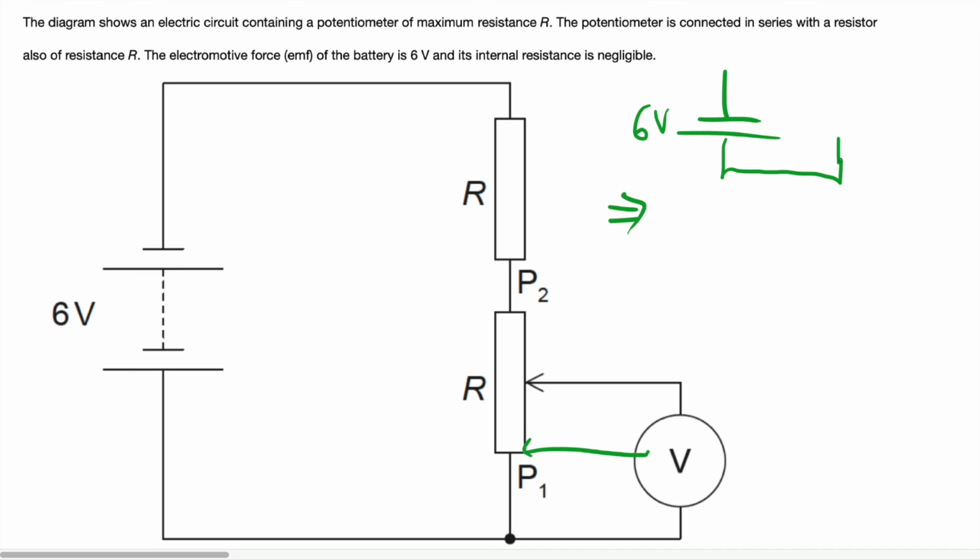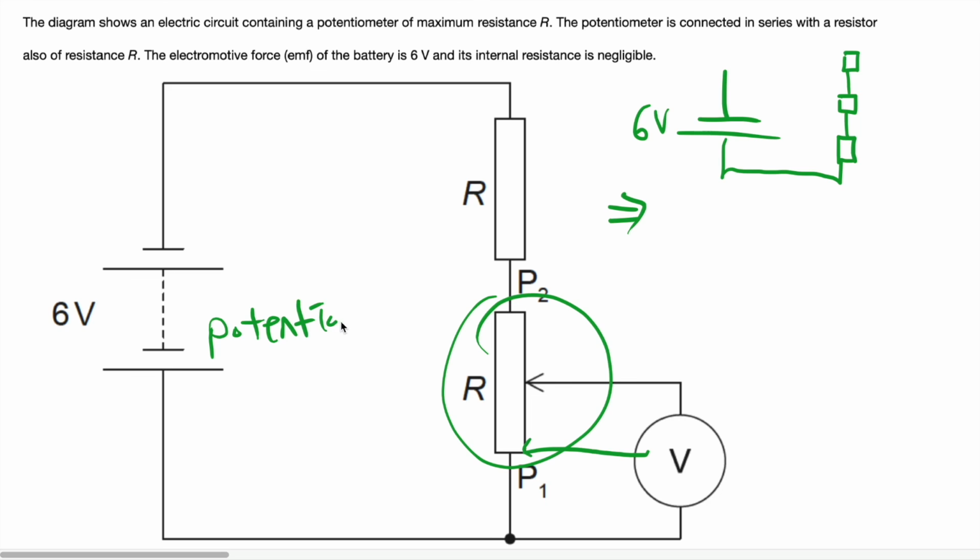Here you have 3 resistors, because the potentiometer is equal to 2 resistors. So here will be P1, here will be P2, and here I'm just going to call it X. Right.